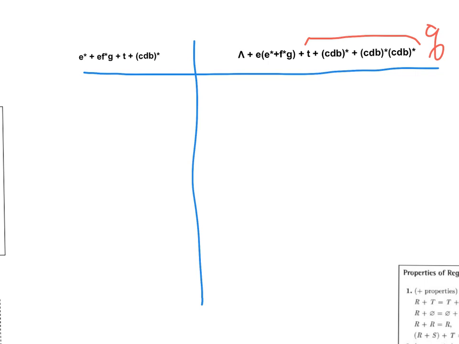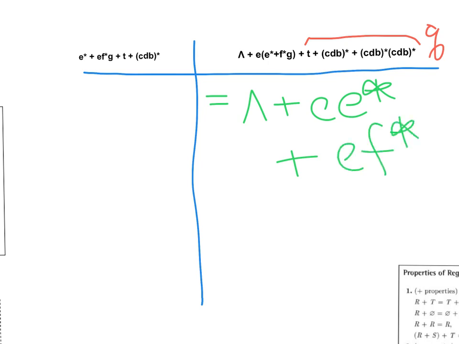And then what I'll do is I'll see, what have I got? That means that if I multiply stuff out, I have the right-hand side equals lambda plus E times E star plus E times F star G plus, and then plus this whole Q thing, right?